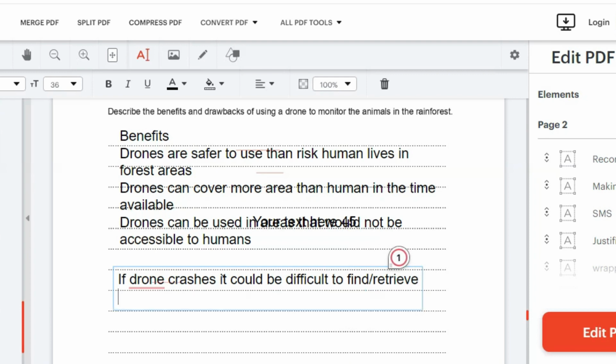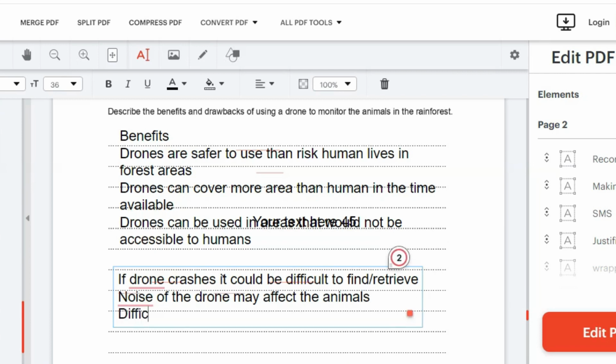2, noise of the drone may affect the animals. 3, difficult to navigate in the tree areas.